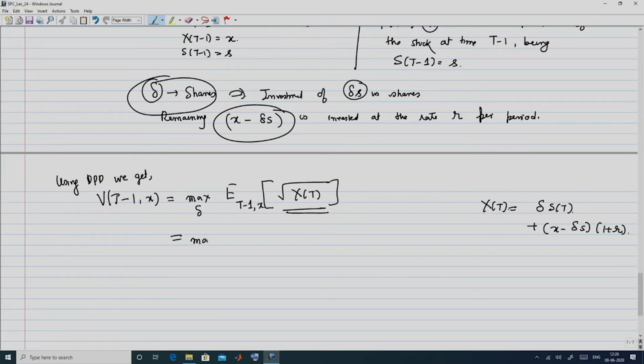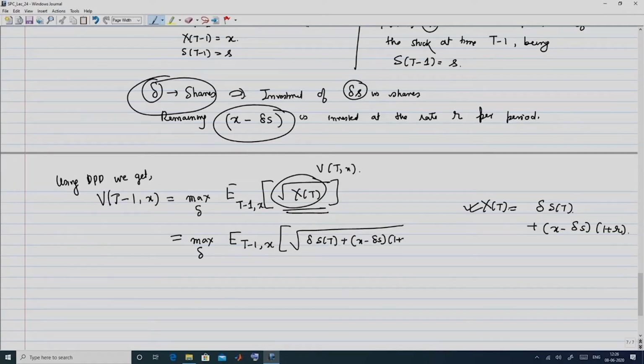So, accordingly, I can now replace the square root of x t. This is nothing but v of t x. So, this is maximization over delta of the conditional expectation given t minus 1 x, and I can replace x of t by this expression here. So, this is going to be delta into s of t plus x minus delta s into 1 plus r.